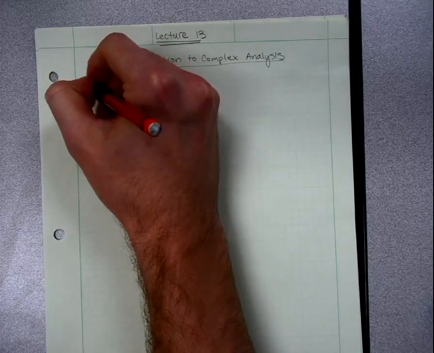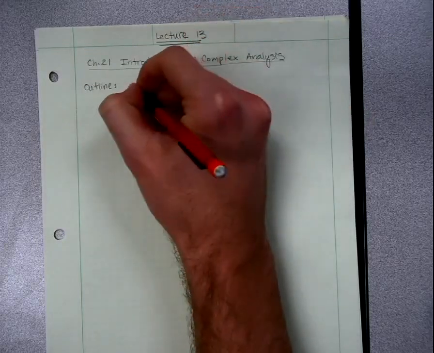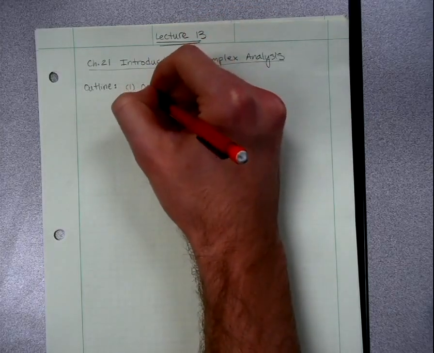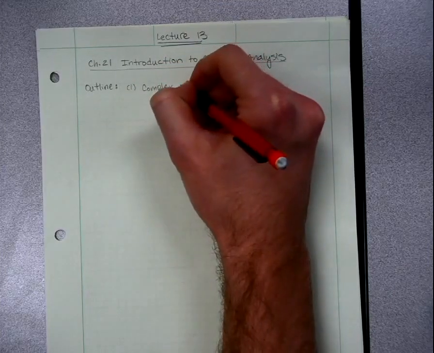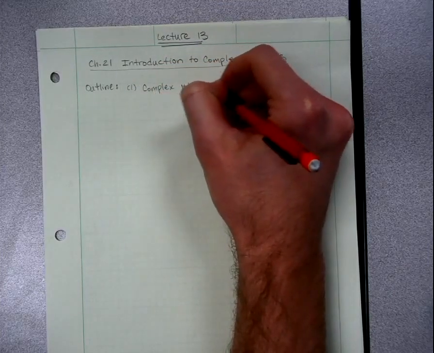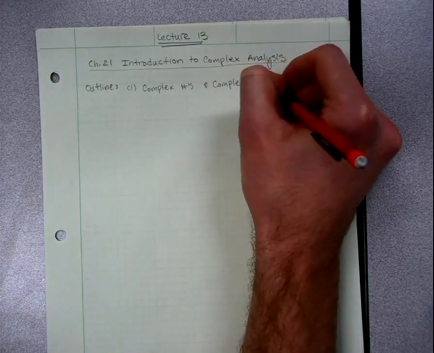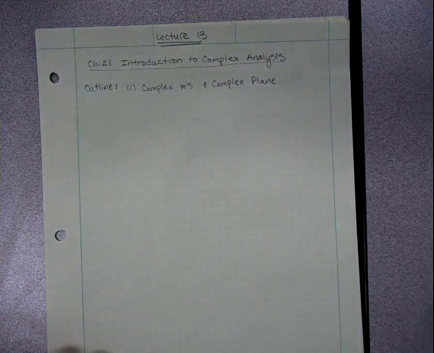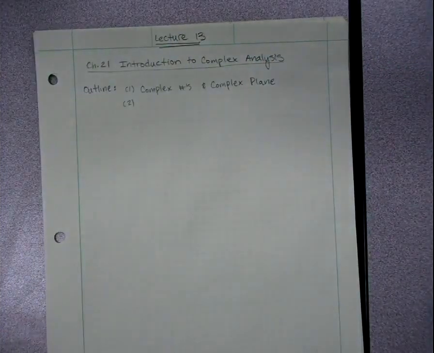Today's outline. The first part, we'll be doing the complex numbers and the complex plane. The second part, and if I go too fast on any of this, just let me know.